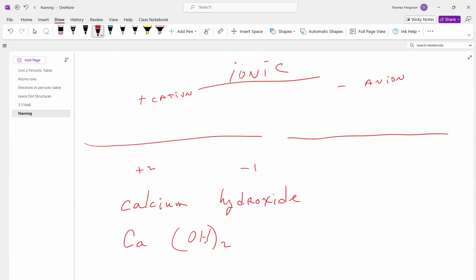Now this is why we don't have to say dihydroxide, because hydroxide is -1, has to balance the +2 of the calcium. Why is it bracketed? Because the OH is a group, and OH by itself is -1 together. So to say 2 of them, you have to put parentheses around it. Otherwise, it would only apply to the H.